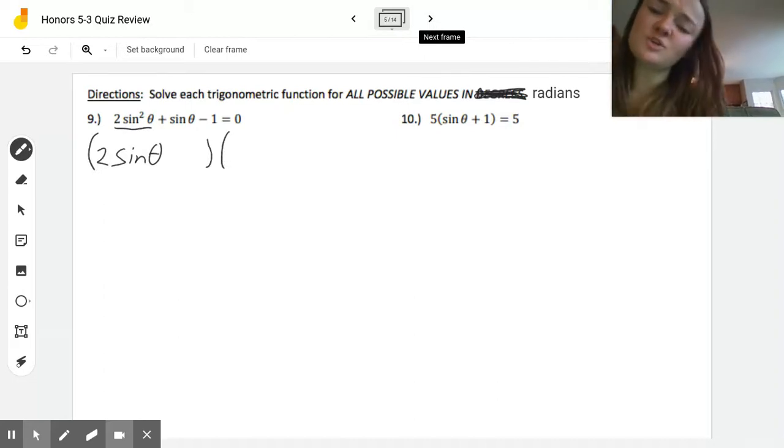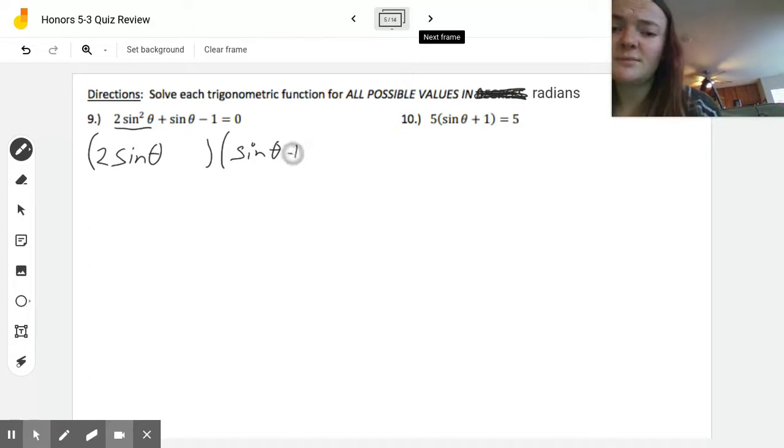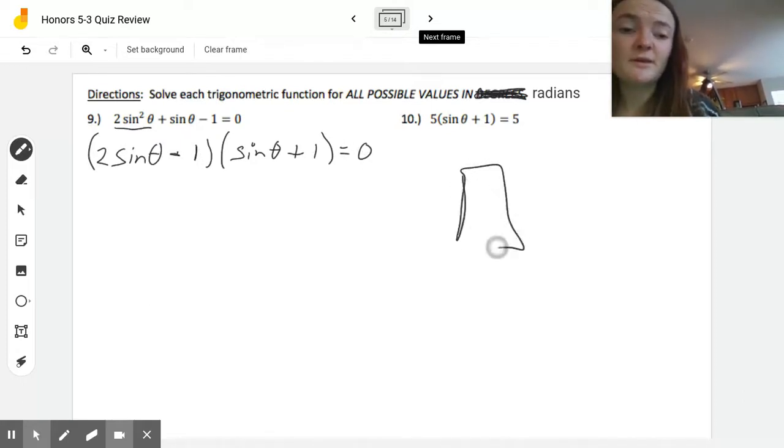Usually there's only two options for the first term, which there are in this case. Sine squared theta can only be factored into 2 sine theta times sine theta. And I want the middle term to add to negative 1. So I'm going to say plus 1 here, minus 1 here. Those are the factors of negative 1. And if you multiply that out, you will get the solution. If you wanted to, you could also use box method, and that's also going to work.